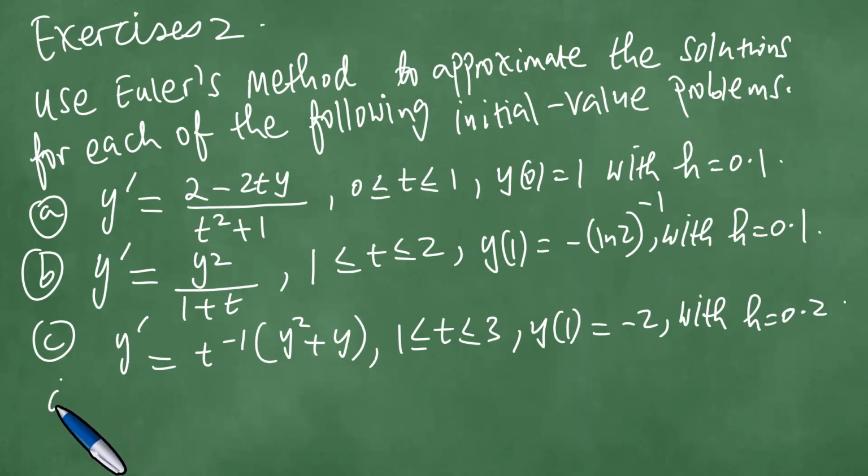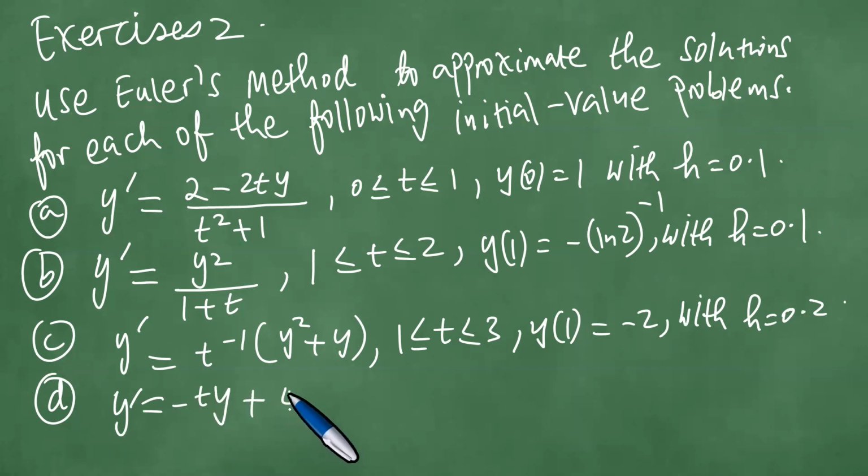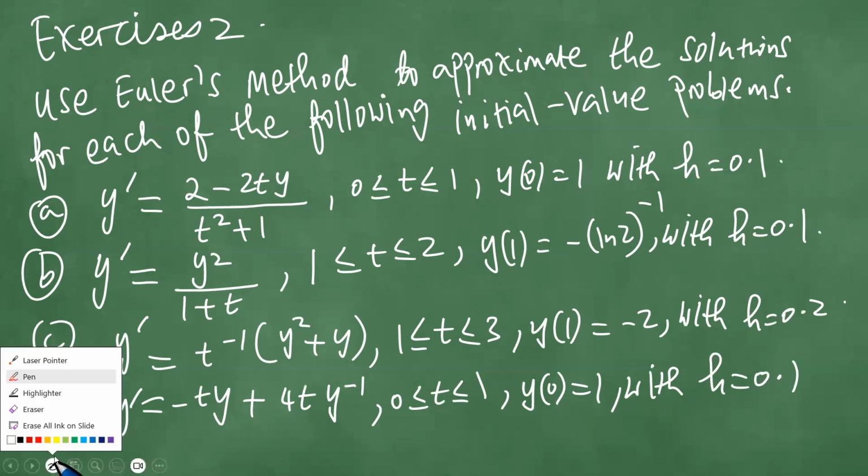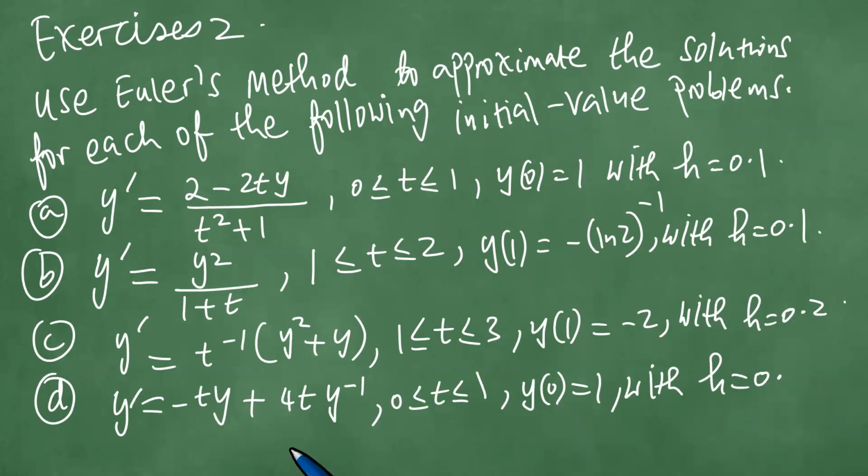All right, so let's have D. t to the minus 1, t from 0 to 1, y0 is 1 with h 0.1. Right, so we have that.